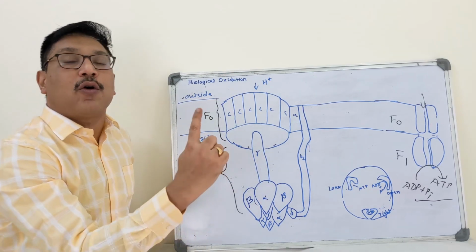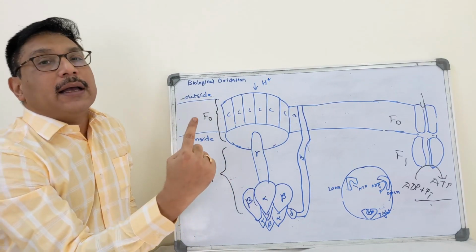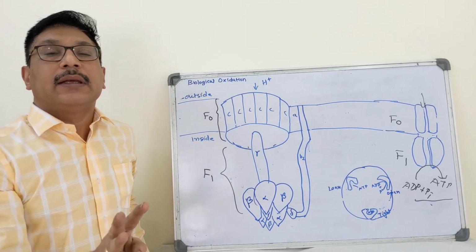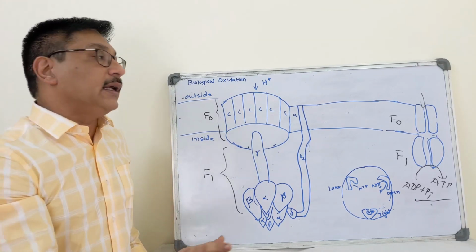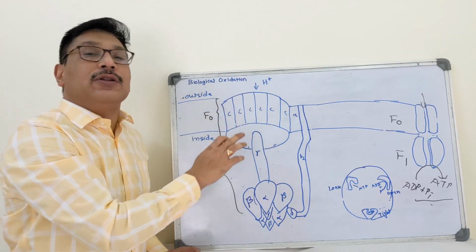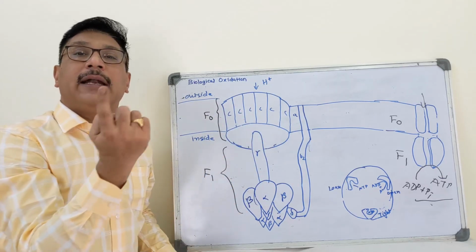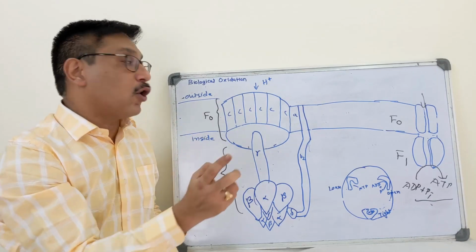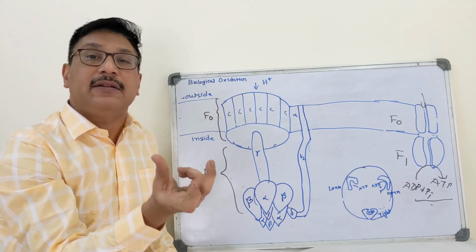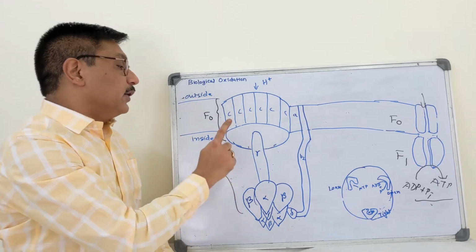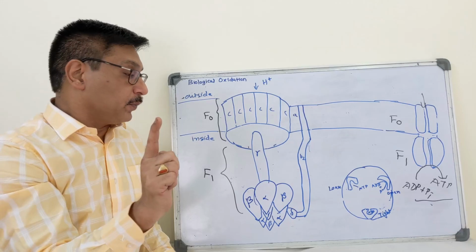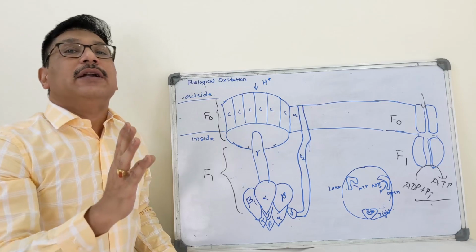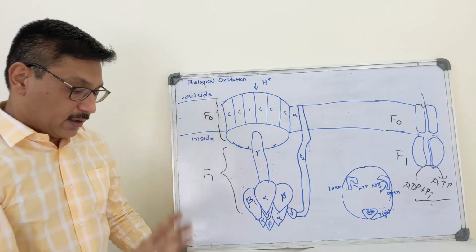So per turn of this gamma axle, there occurs release of 3 ATPs, and it is estimated that approximately 12 protons should flow through this FO complex so that the gamma subunit will complete one rotation, or the FO disk will complete one rotation. So during one turn of the gamma axle, 3 ATPs are released, and for this 12 protons are required.